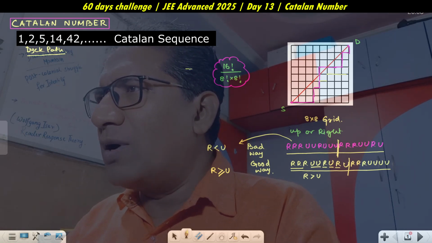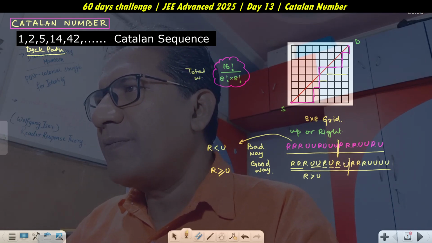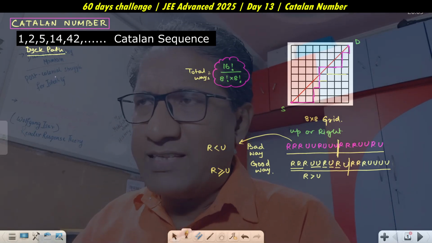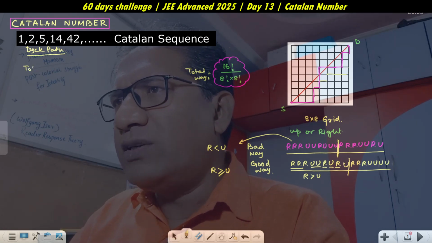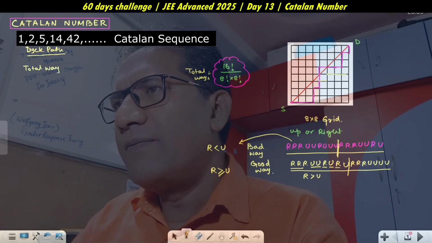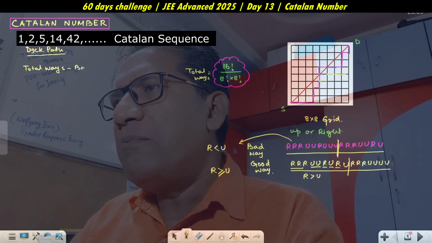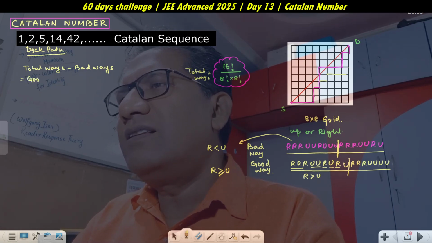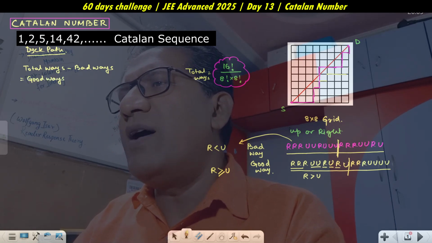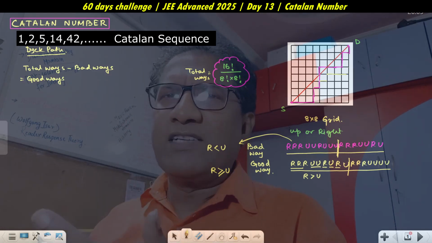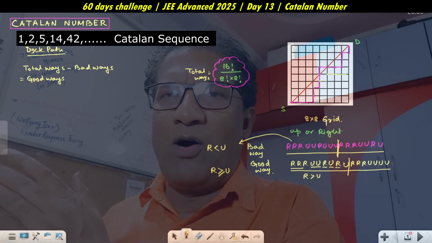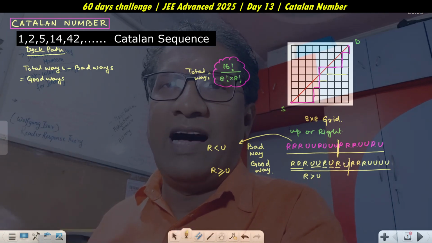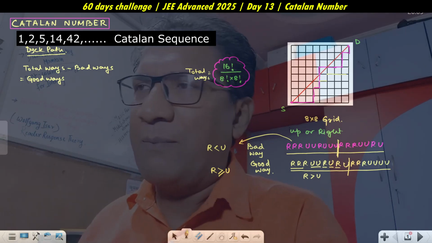If this is our total ways, then the good ways will be total ways minus bad ways. That's it. And that will give us the number of good ways. Good ways means the person is moving along the border in up and right direction, but below the diagonal. That's a good way. Okay.